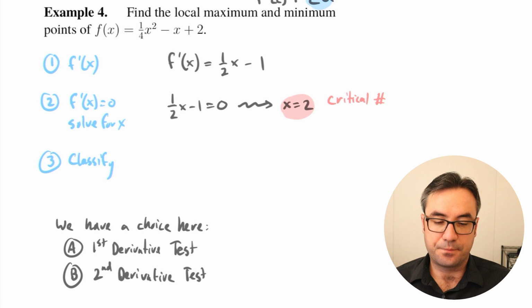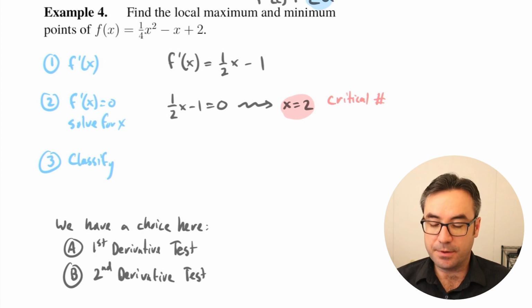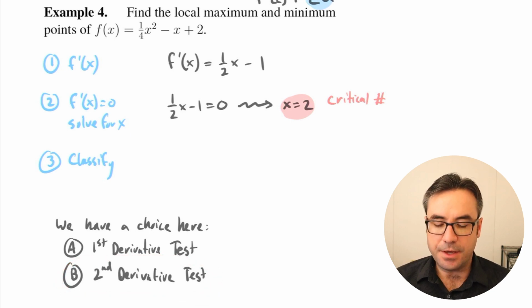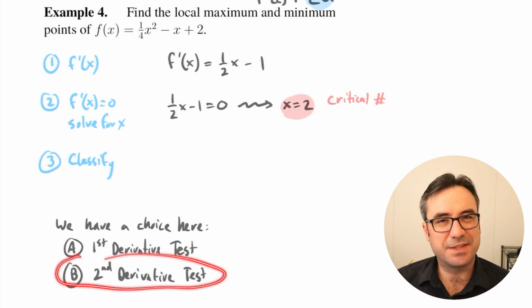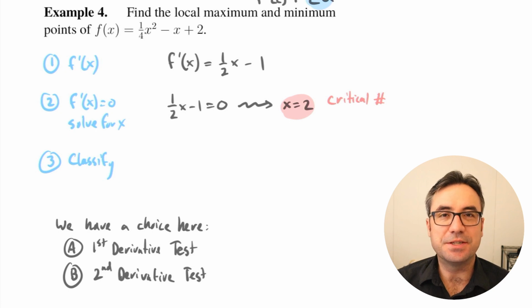Now, if we're just trying to classify the critical numbers, normally the second derivative test is a bit quicker because we don't have to do the whole sign chart and everything. The issue, as we've said with the second derivative test, sometimes it's inconclusive. So it does tend to be quicker, but sometimes it is inconclusive.